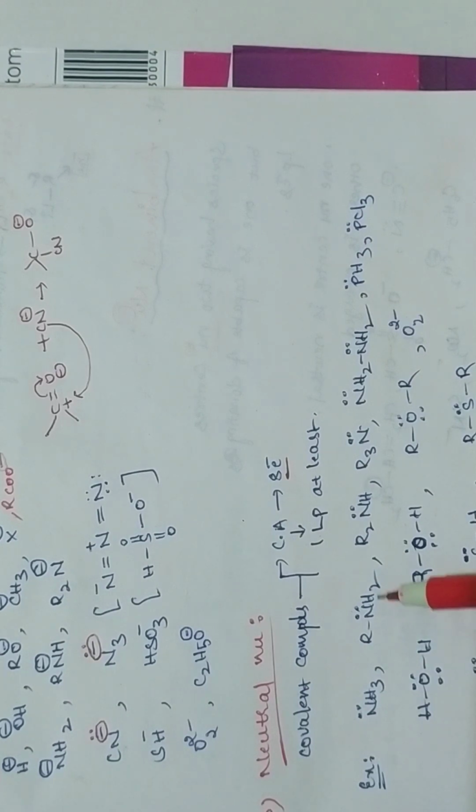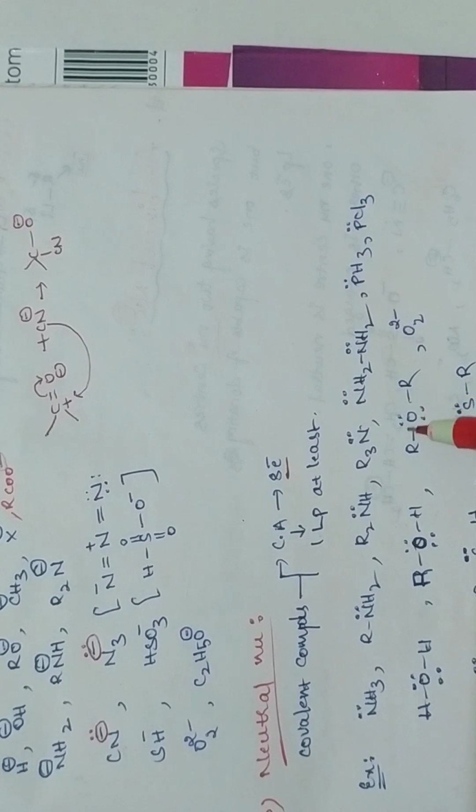Next, amines: primary amines, secondary amines, tertiary amines. The nitrogen family, that is phosphine and phosphorus trichloride, all contain one lone pair. If the central atom contains one lone pair, then they are acting as what? Neutral nucleophiles. See now, this is a water molecule, oxygen containing two lone pairs. Alcohol molecule, oxygen containing two lone pairs.